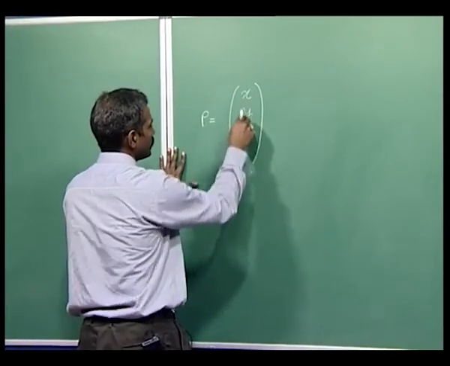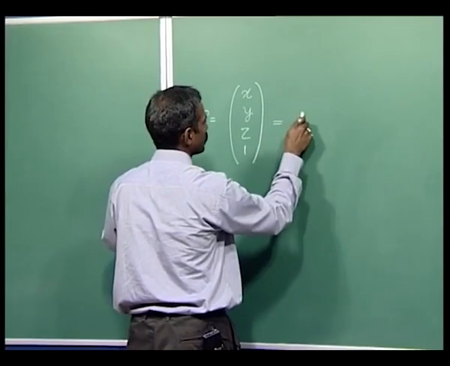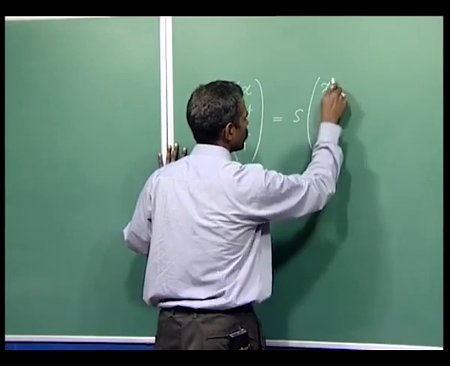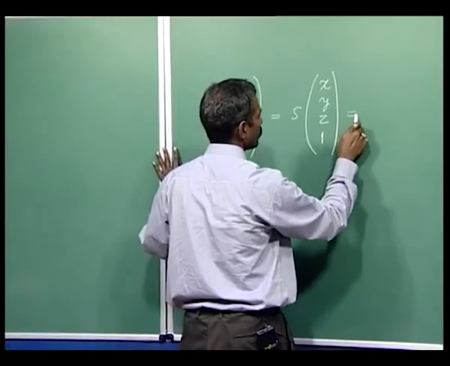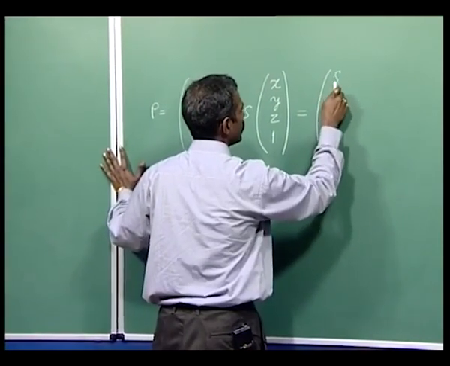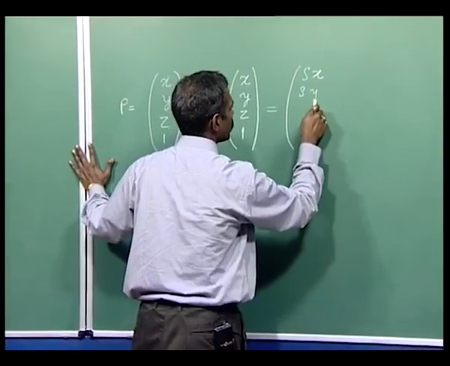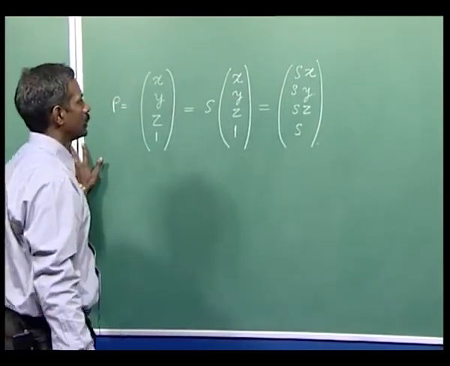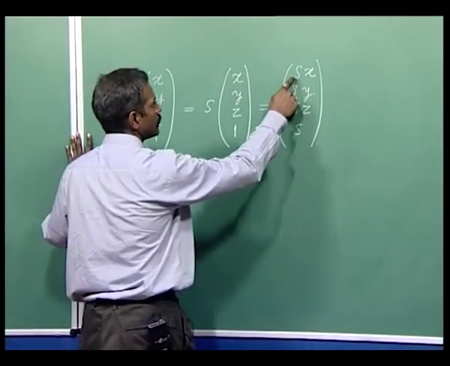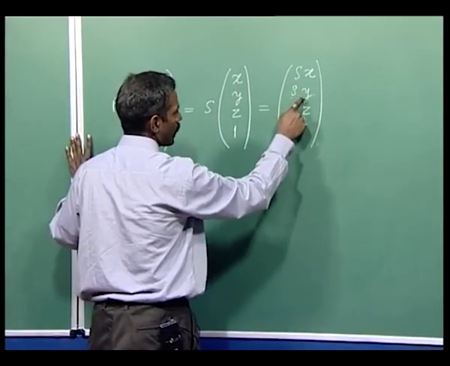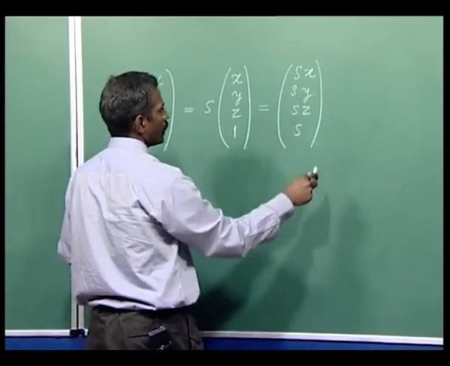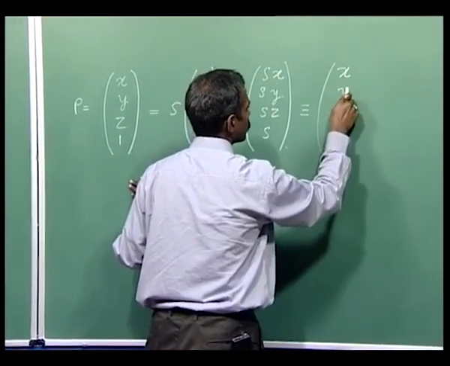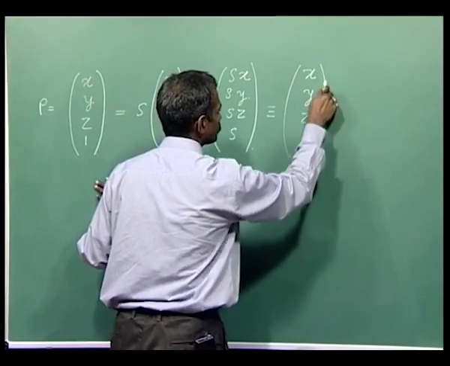If I multiply this column vector by S, this would give me Sx, Sy, Sz, and S. In homogeneous coordinates, the column vector Sx, Sy, Sz, and S would represent the same point as x, y, z, and 1.